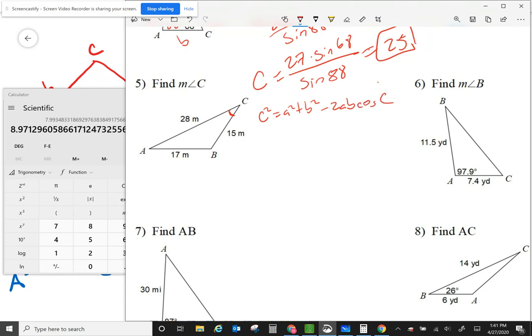I'm going to be using this formula because I'm dealing with angle C. So I know this is side A, this is side B, and this is side C. So I'm just going to say that 17 squared is equal to 15 squared plus 28 squared minus 2 times 15 times 28 times cosine of C.